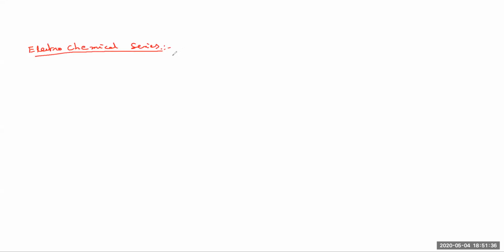So what is the electrochemical series? That is the systematic arrangement of E0 values of electrodes.